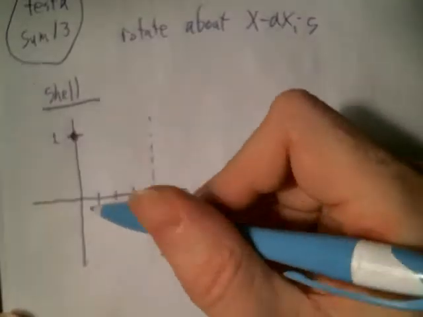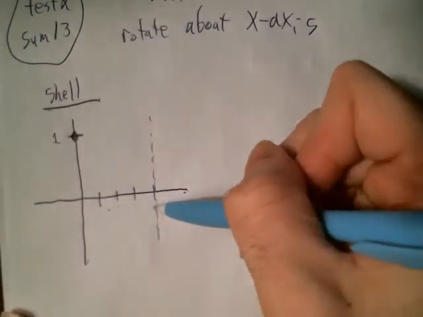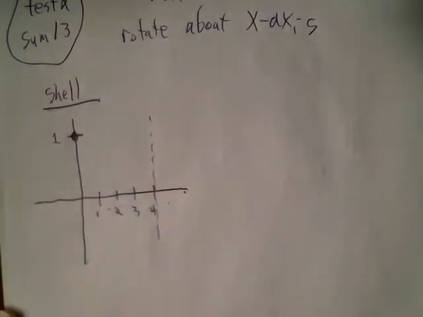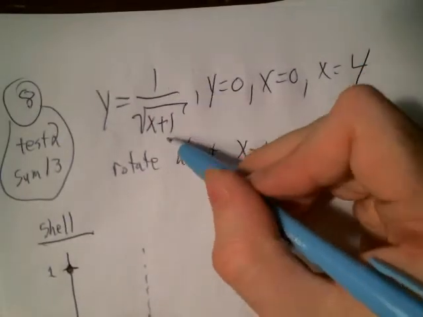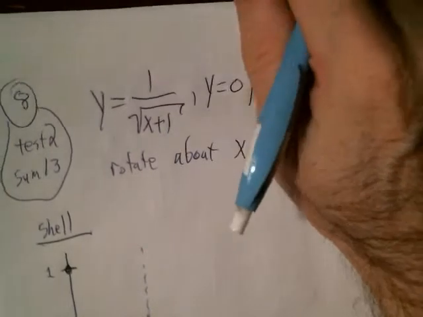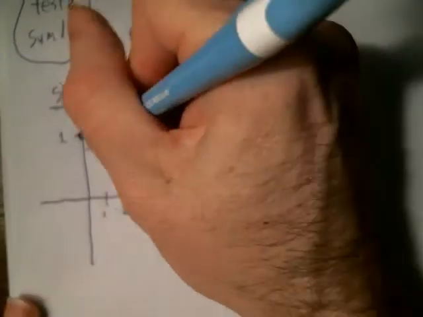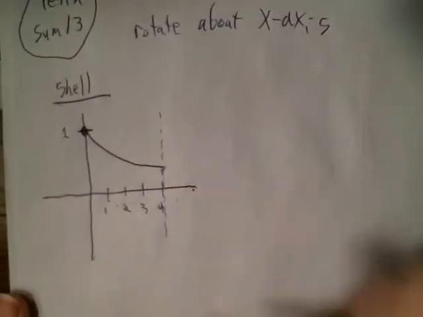My axes are not to scale. So this is 1 here, 2, 3. This isn't 1, so maybe I should mark that. 3, 4. And then at 4, it'll be 1 over the square root of 4 plus 1, which is 1 over square root 5. Okay, so that would be down here more. And so my region is this.